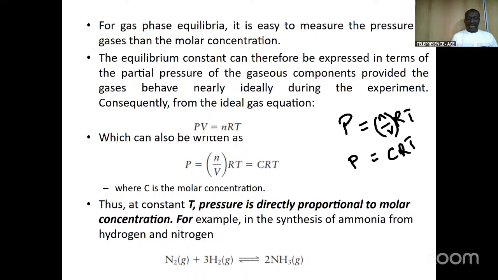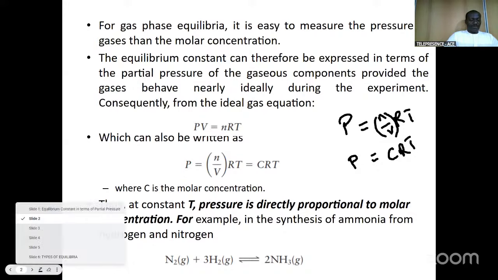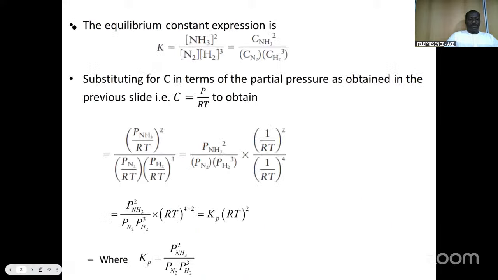Now, let's take, for example, the synthesis of ammonia formed from the combination of hydrogen and nitrogen. Nitrogen, a gas, hydrogen, a gas, and of course, the product of the reaction is also a gas. So let's see what happens.